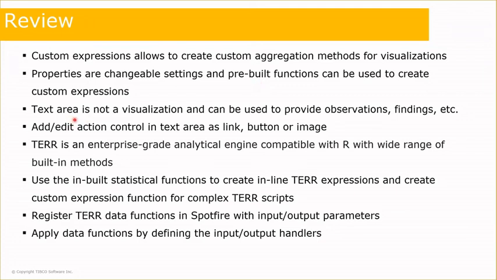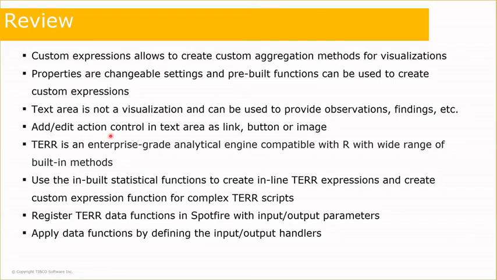Text area can be inserted using the visualization types flyout, but it is not a visualization. It can be used to provide different observations or findings, or linkable, actionable items in the form of links, buttons, and images. You can insert property controls in text areas. You can insert action controls in text areas. Action controls can be actionable items like exporting a report, executing a script, page navigation, or applying bookmarks, all these things.